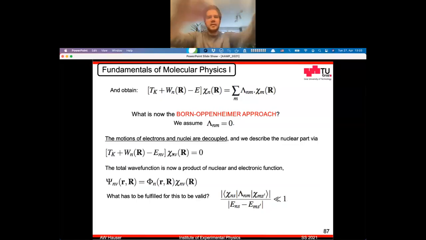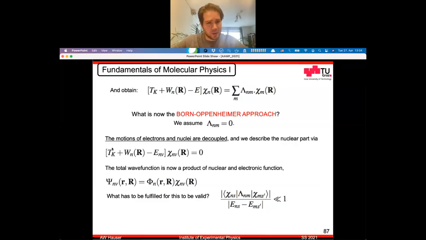Okay, so what have we learned here? What is it that we realize? We realize that the idea of a potential energy surface does only make sense within the Born-Oppenheimer approach, where we have set these coupling coefficients to 0, because in this case we are left with this simple equation, which can be solved easily.